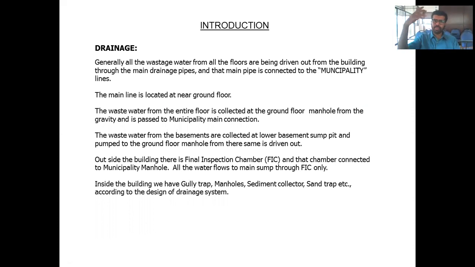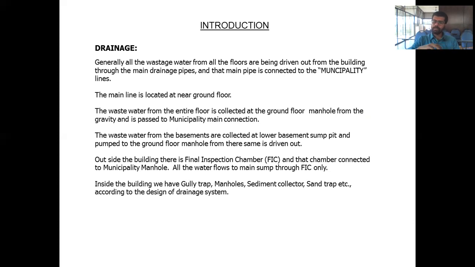The water from the toilets and kitchen has to be drained out of the building through the piping system only.